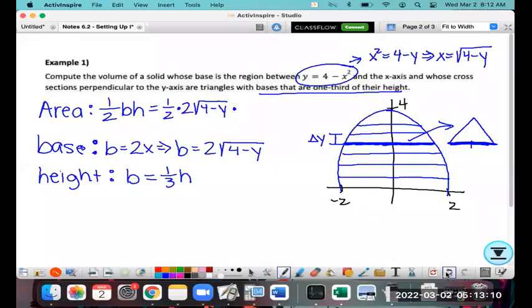I can rearrange that to solve for h, and then I already know what b is, so I could just put that b equation in here. So 3 times 2 square root 4 minus y equals h. And I'm going to go ahead and replace that in my area formula, but I'll just write that as a 6.